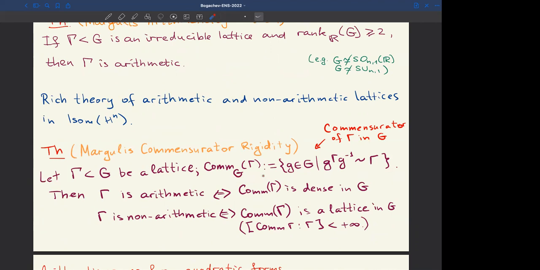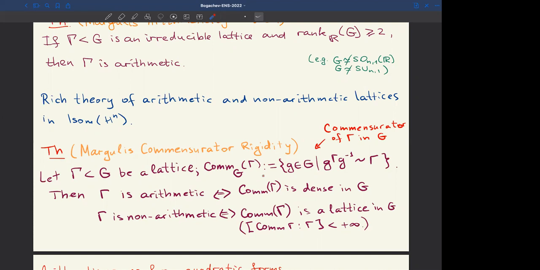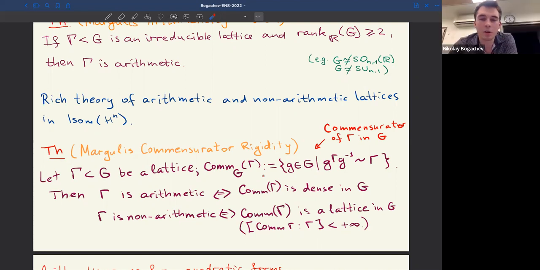So what conditions do you need on G for commensurator rigidity? Does it also need to be a semi-simple Lie group of rank at least 2? Well, that's a good question. Actually, no, this theorem also works for real hyperbolic spaces and for complex hyperbolic spaces. This is actually very helpful even for our purposes.